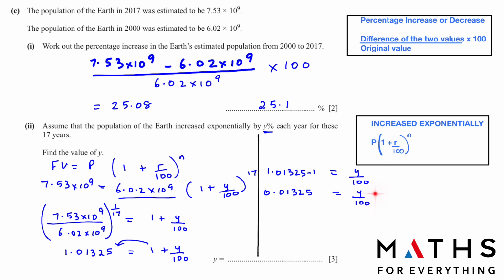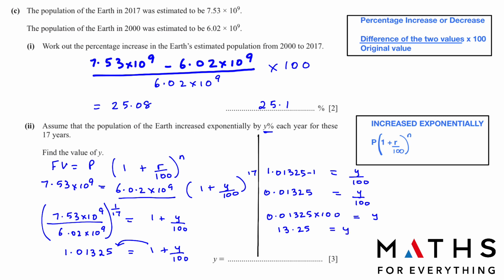We know that y over 100 means y divided by 100. So if we change it to the other side of the equal sign, the divide will turn into multiply. 0.01325 multiplied by 100 is equal to y. This will give us 13.25 is equal to y.